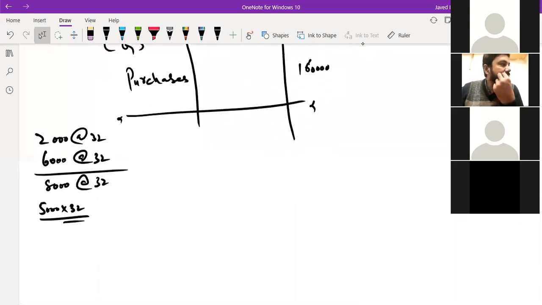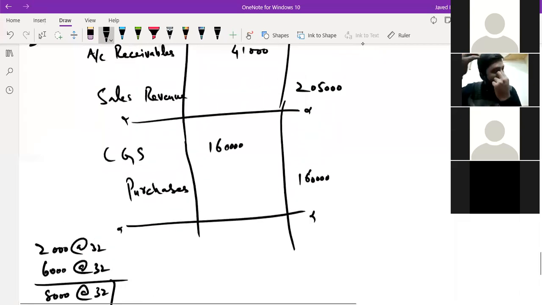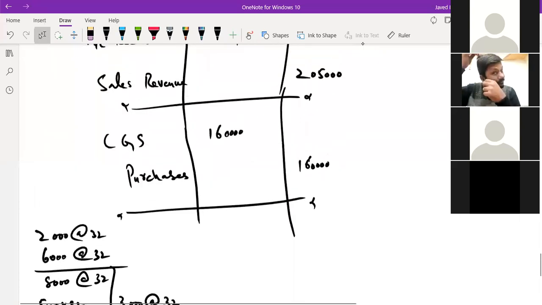Now you have an ending balance of purchases worth 3,000 units, and their cost is 32. You will have to keep this in mind if you encounter any further transaction.